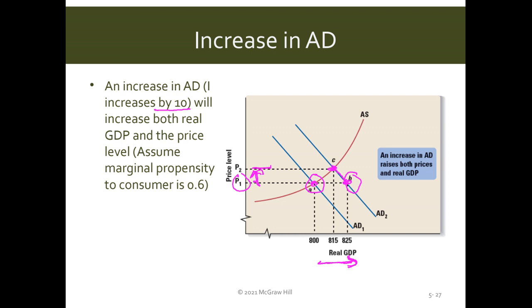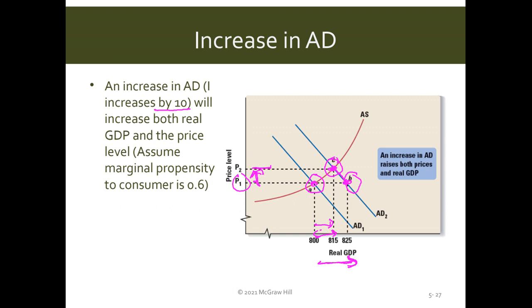So yes, the equilibrium real GDP will increase, but not by the $25 billion. It is increased by only $15 billion. So why is the multiplier effect slightly less than what it should be? Simply because of the increase in price level.